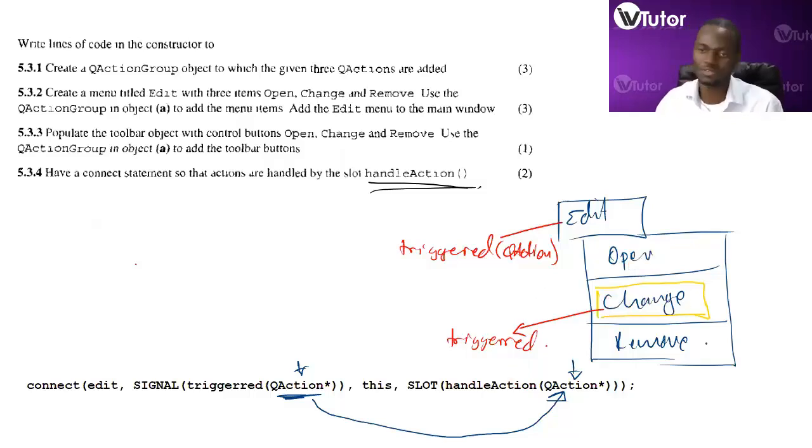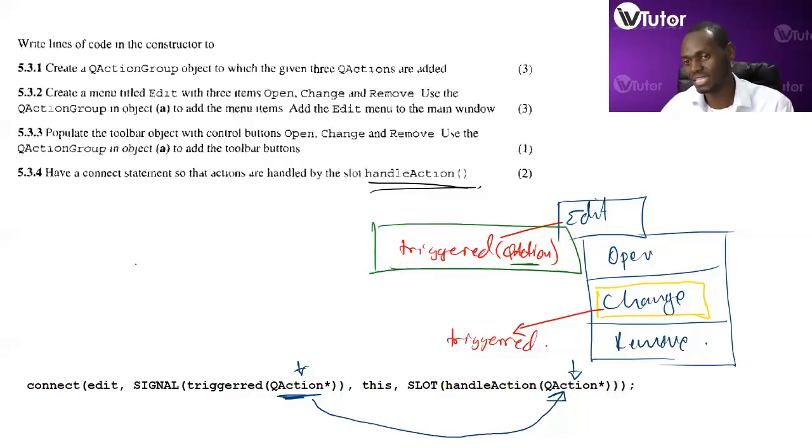If it was this one, then do that. If it was this one, then do that. So the one that we are connecting is actually this one, which is at the menu level because it sends the action. Then we only need to do 1 connect statement for the menu item. That is the last piece of information you need to know when it comes to dealing with menus and toolbars. And that's it.